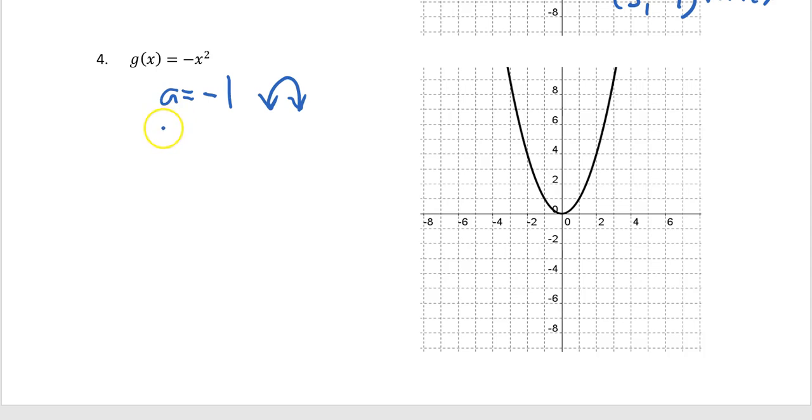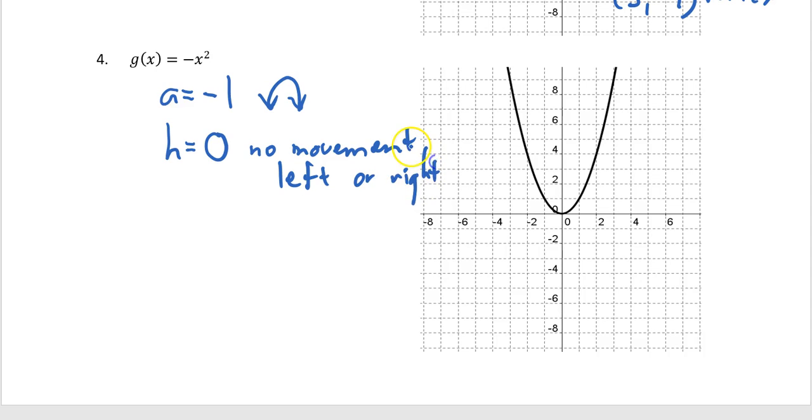Since there is no parenthesis and there is no number added to x squared, our h is 0, which means we have no movement left or right. And also, there is no k value, so we have no movement up or down.